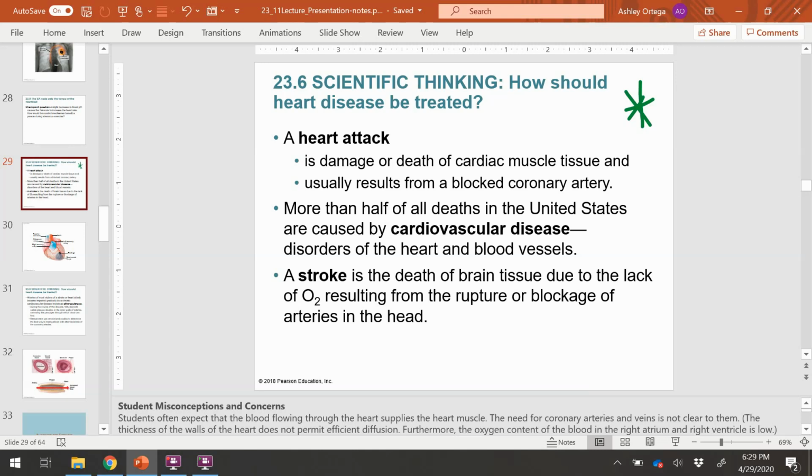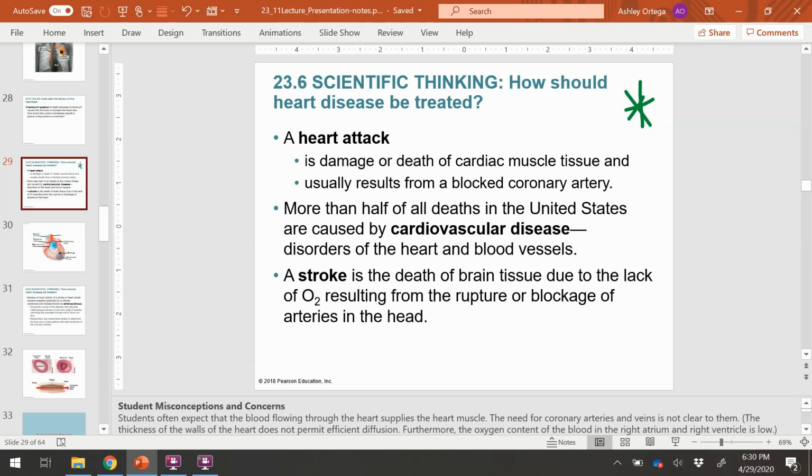And so the blockage or rupture of arteries in the head results in oxygen not getting to the brain, and so that can result in death or damage of brain tissue. And so patients can have a wide variety of symptoms and a wide range in terms of seriousness of both strokes and heart attacks.